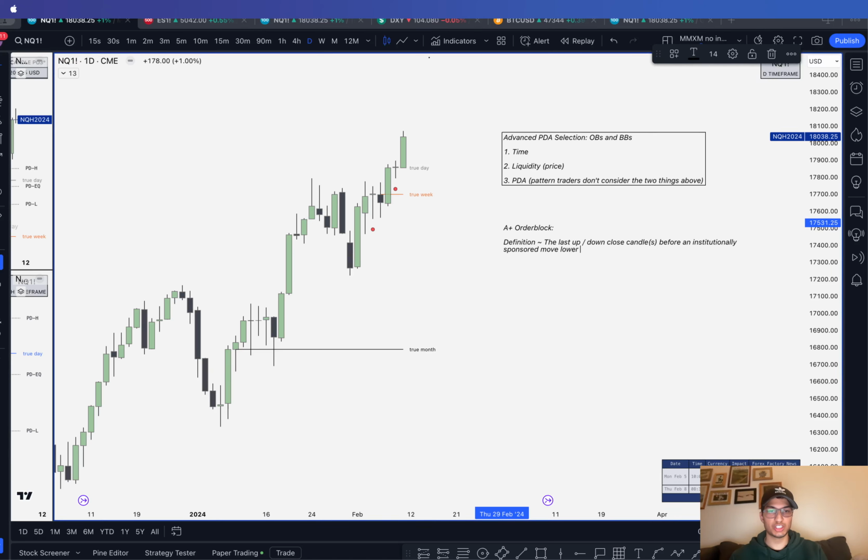Now, what does institutionally sponsored mean? I use that word very non-sparingly. It's a deliberate choice in using that word. What does that mean? It's where smart money's getting in. Sure. What does that look like in terms of a chart pattern? Displacement?